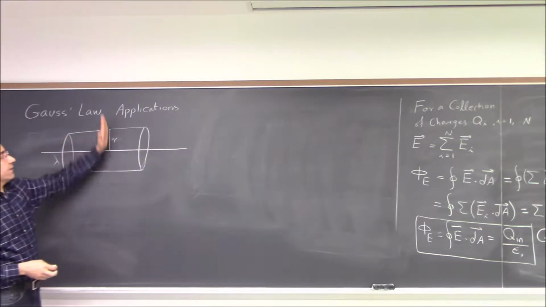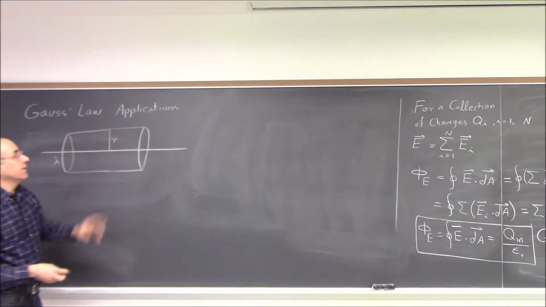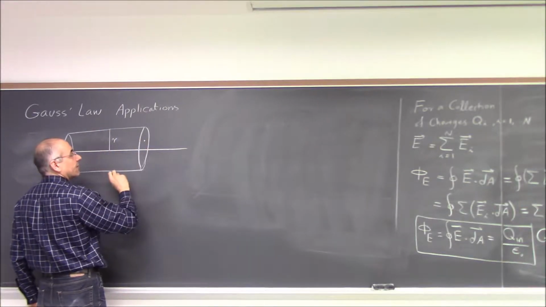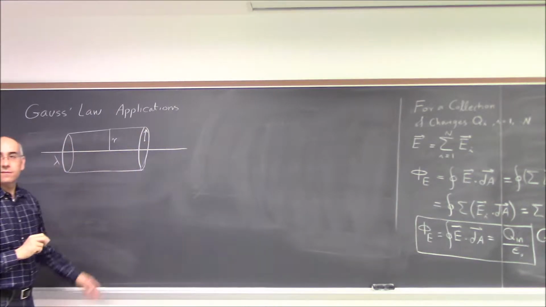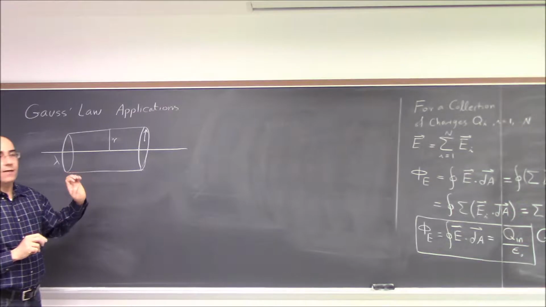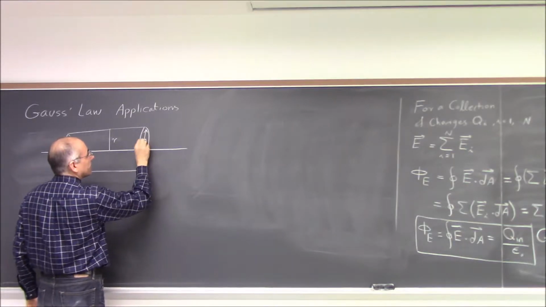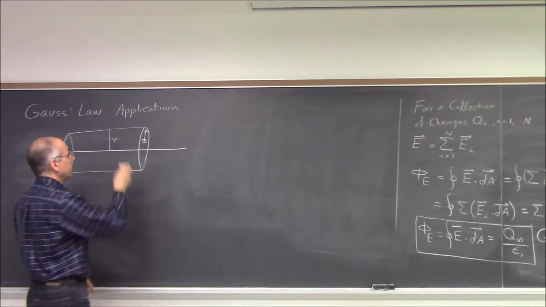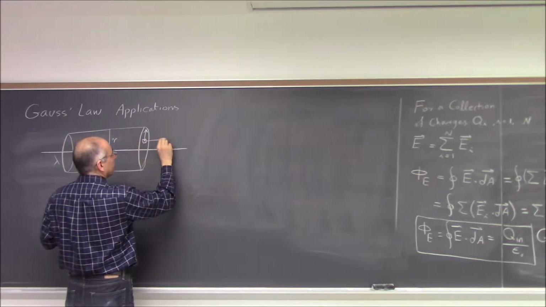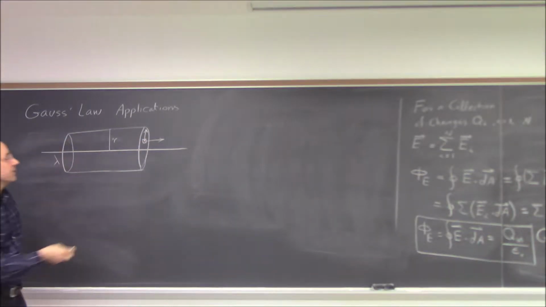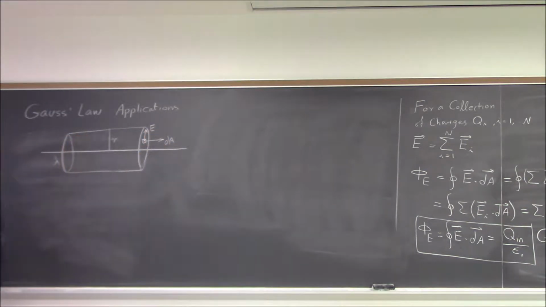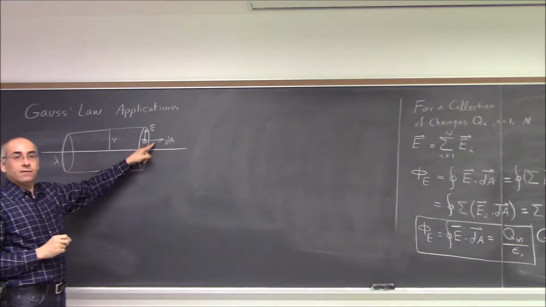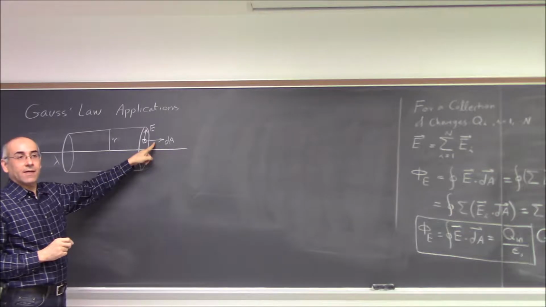And because the electric field is radially outward, and at this side the electric field is this way, which direction is the dA that I calculate? Yeah, it's outward from this cylinder, so it's parallel to the axis. So this is dA, and this is E. We know that should be outward because of the symmetry. So E dot dA will be 0 at this point.